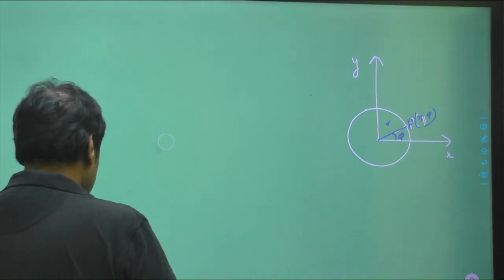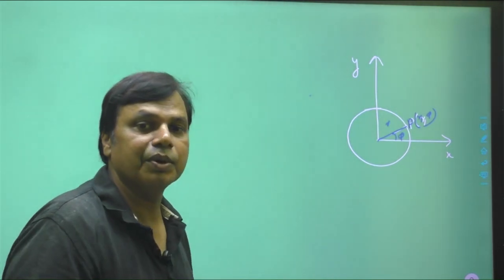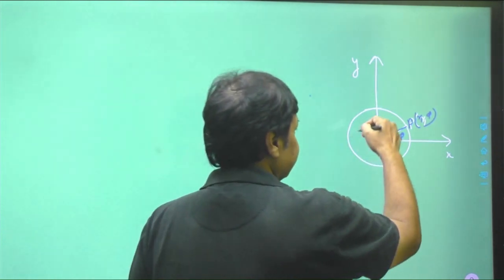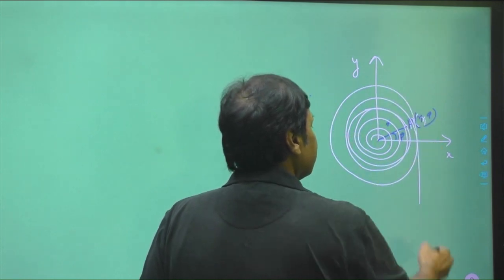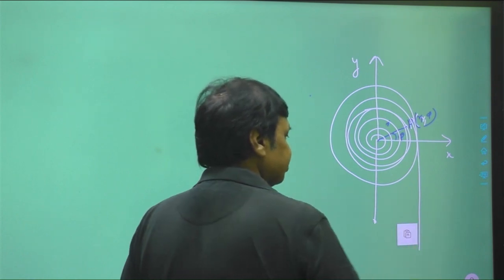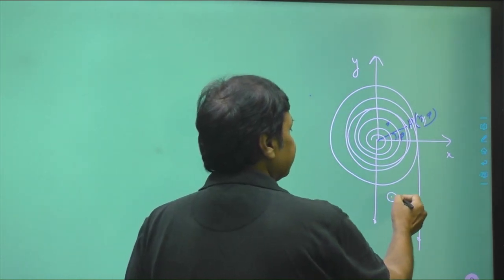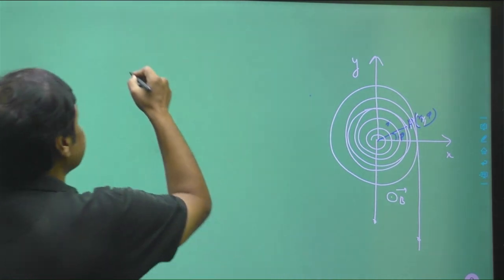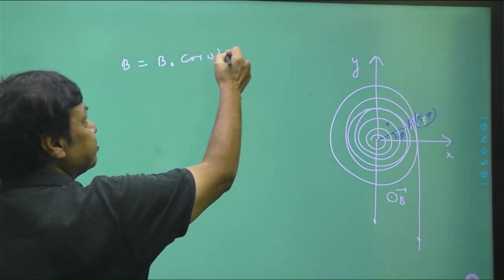Then, in order to solve the problem, this is part of a spiral, and the EMF induced in this spiral was asked. The magnetic field was given as magnitude B equals B naught cos omega t. So there is a time varying magnetic field.